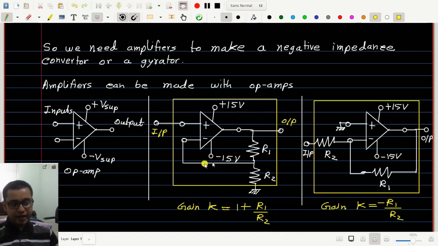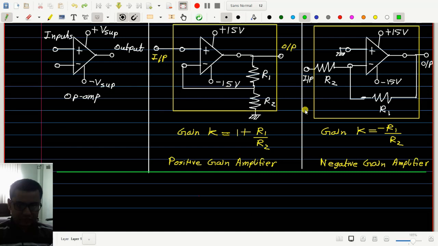This amplifier has positive gain, and you can change the gain by changing R1 and R2. Now, a very important fact we should know before we can proceed is that this amplifier with a positive gain is like an ideal amplifier, where this input current is 0.